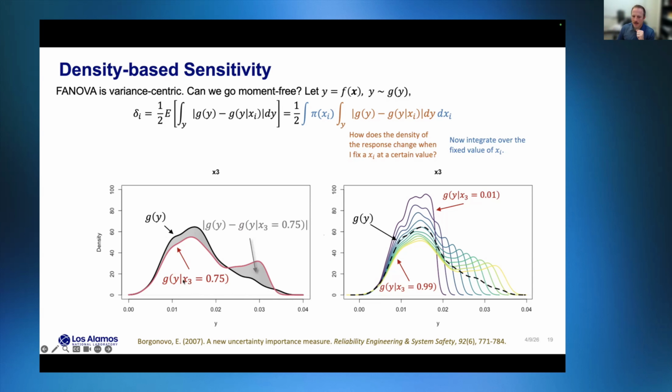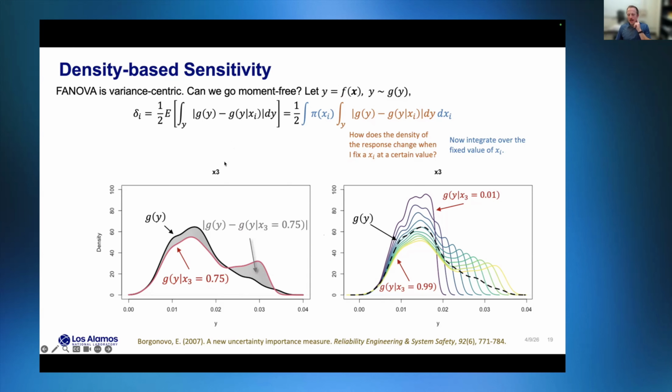So if I fixed x3 at 0.75, well, then if I take the distribution of that random variable where I'm letting everything else vary, but I'm fixing x3 at 0.75, this is the density of that random variable in red here. In gray is the difference between them highlighted.